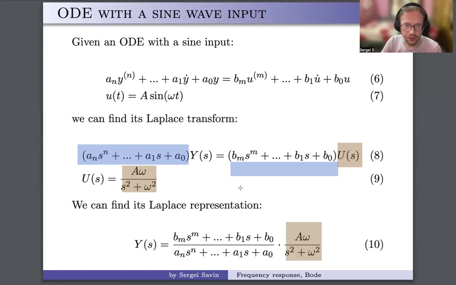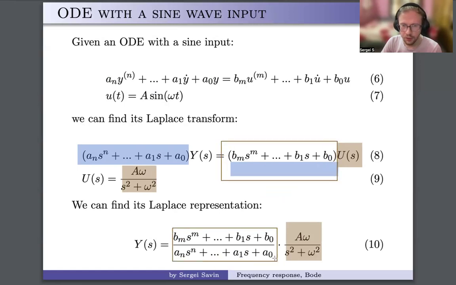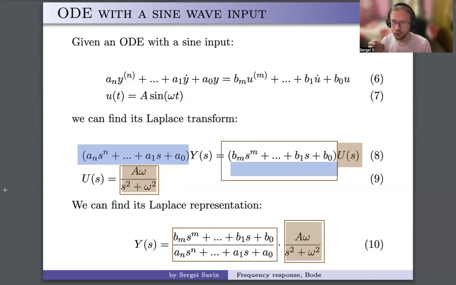And thus we'll get this transfer function here, multiplied by this a omega s divided by s squared plus omega squared. That's what we have. The point of this exercise was to demonstrate to you that sinusoidal input appears in our transfer function representation on the right-hand side, multiplying the transfer function.